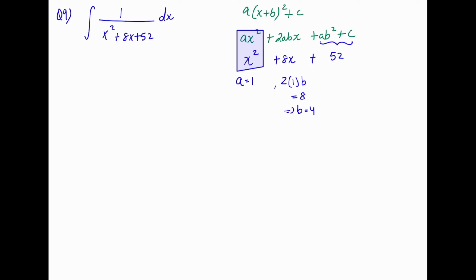Then the remainder constants need to be the same as 52. So a times b squared is 1 times 4 squared, plus c must be equal to 52. So 16 plus c must be equal to 52. So c must be equal to 52 minus 16. And my little brain, which is the size of a peanut, tells me that should be, so I think 30, not 30, yeah, 38.